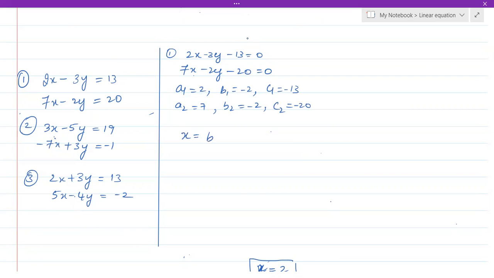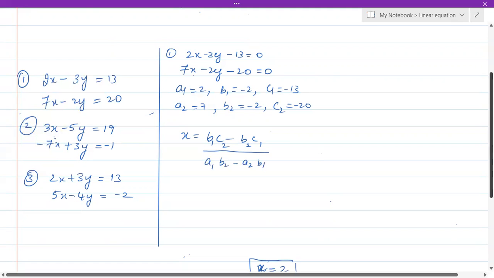What is the formula? B1 C2 minus B2 C1 divided by A1 B2 minus A2 B1. This is the formula. So let's substitute in this formula.